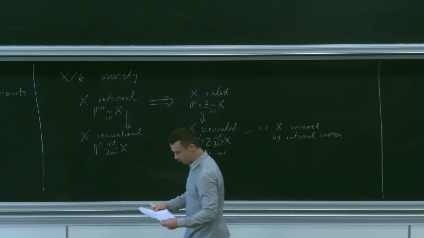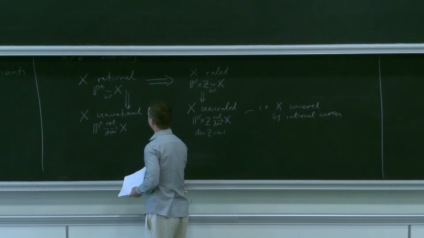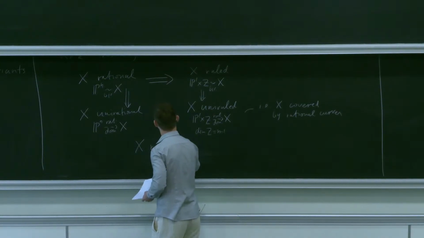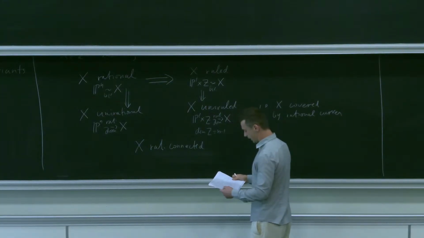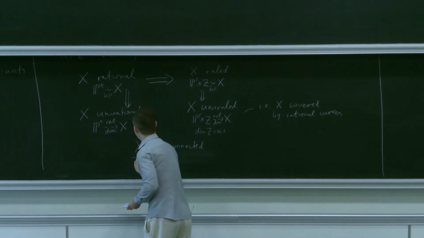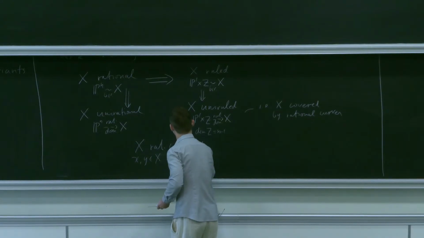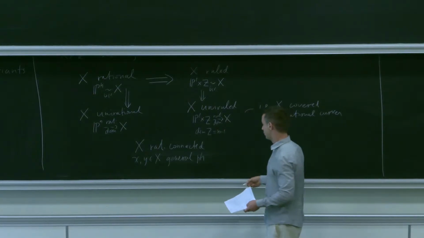And then there's a fifth notion I want to mention, which is rationally connected. Also a very standard notion. This means that if you take general points on your X, they can be connected by a chain of rational curves.